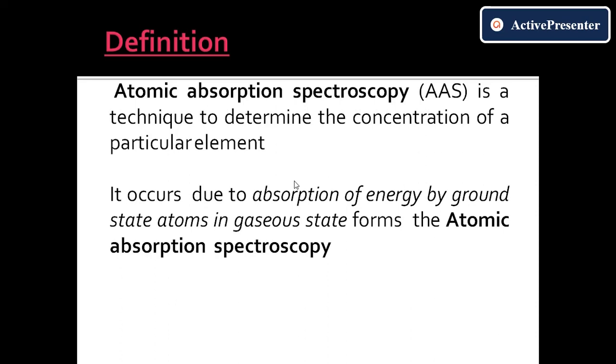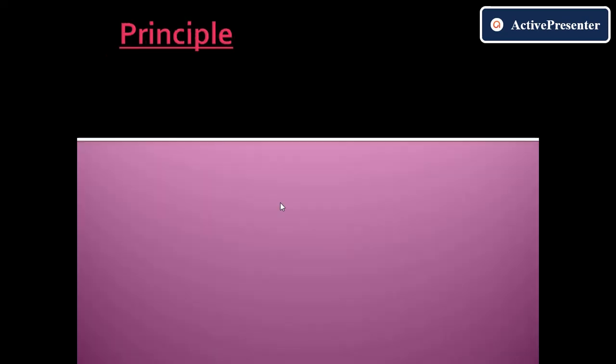The unexcited atoms retain their ground state, and there are radiations which are passed through the grating element and then to the detector. This is how atomic absorption spectroscopy works, and it was discovered in the year 1802.